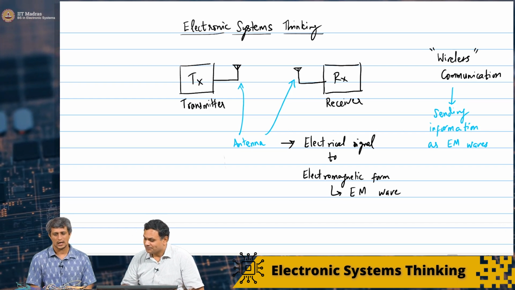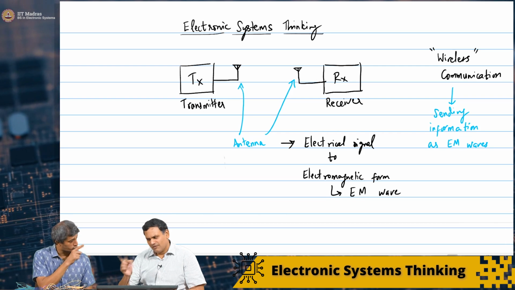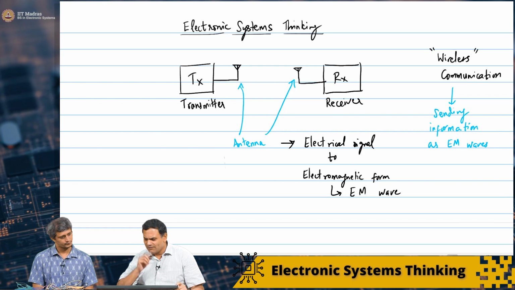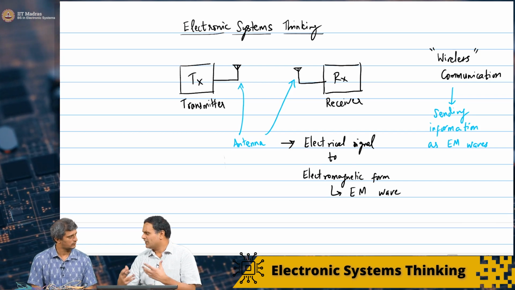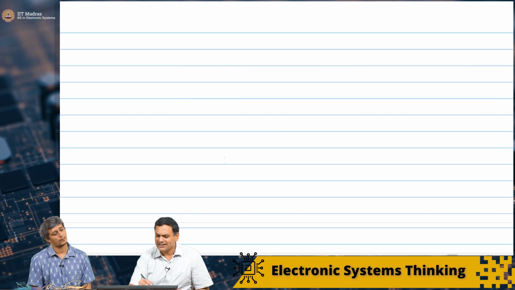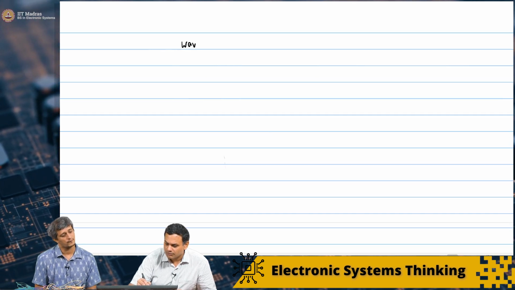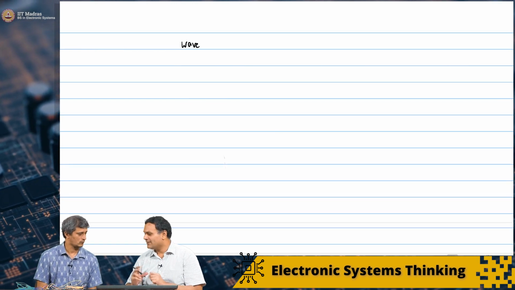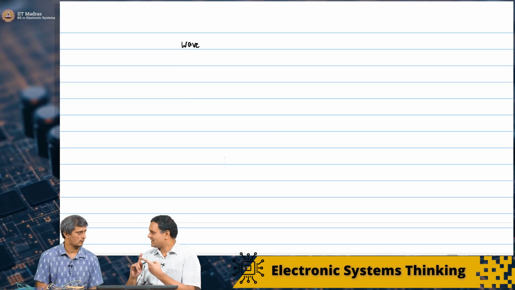Hopefully our experiment will demonstrate that. But first, we'll get some idea of this electromagnetic wave. If you have a wave, everybody would have studied in high school physics that the wave has a speed.